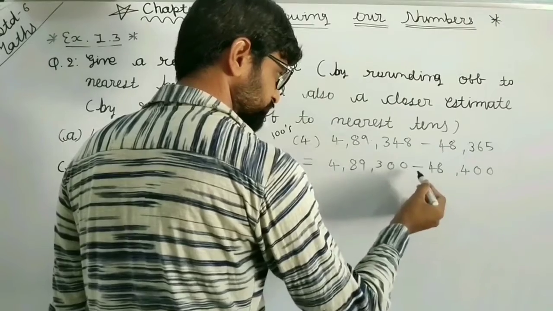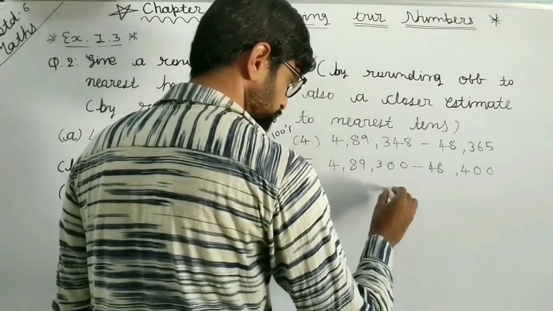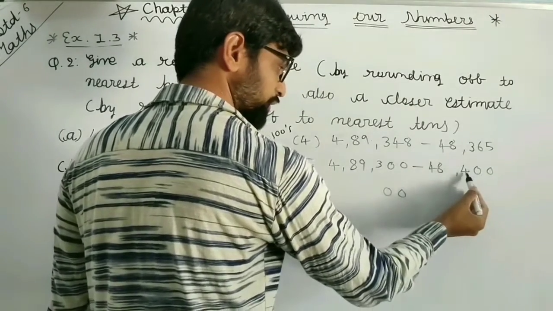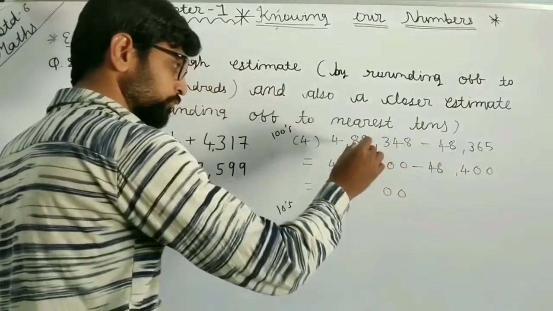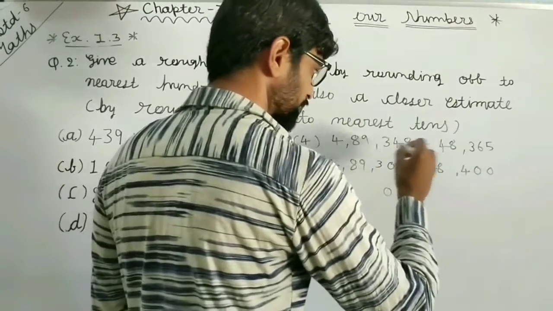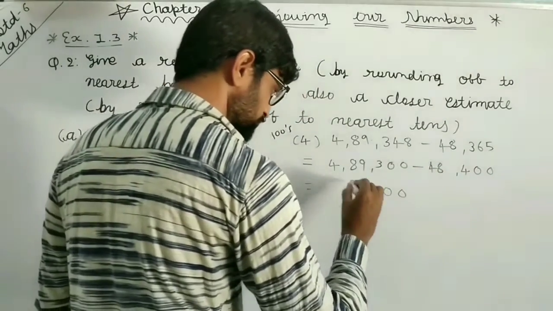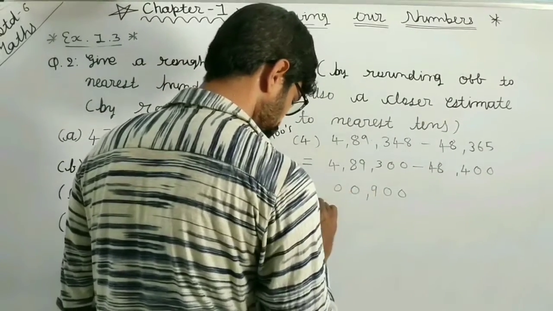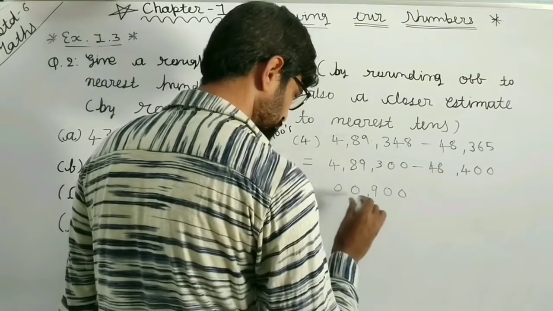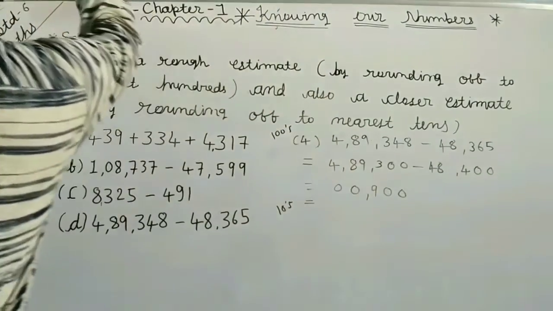Now subtract the amount. 2 0, 3 minus 4 is not possible, then borrow from 9. Here 8, 13 minus 4 means 9. 8 minus 8 is 0, 4 minus 4 is also 0. So your answer will be 900.